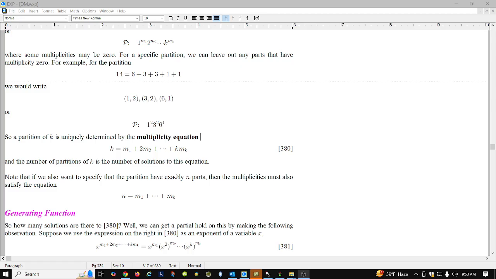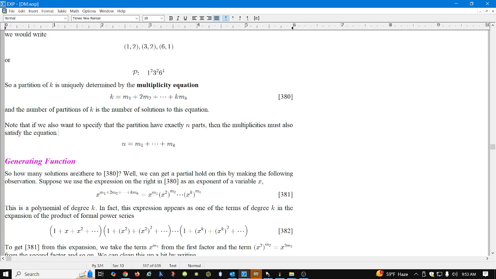Well, I've already mentioned that there is no general formula for the number of partitions of a certain integer. But the question remains, how many solutions are there to an equation like this? Well, we can get a partial hold on this by making a rather clever observation.